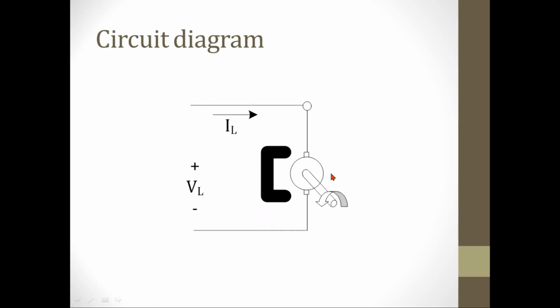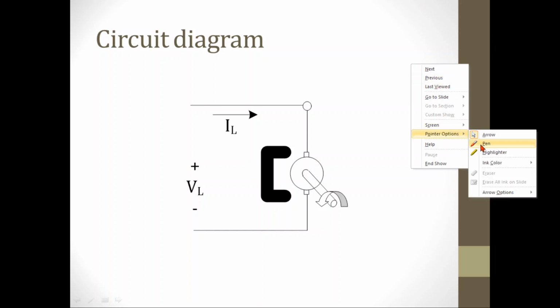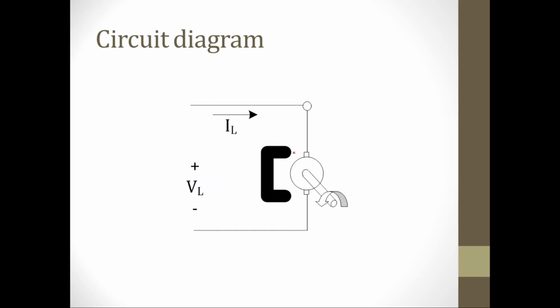Now this force is actually being utilized to make the armature rotate. Assuming that this is the permanent magnet, we have there the North Pole and the South Pole.